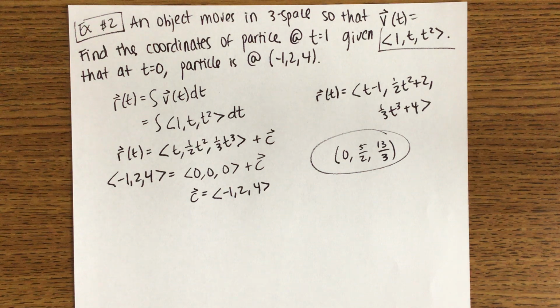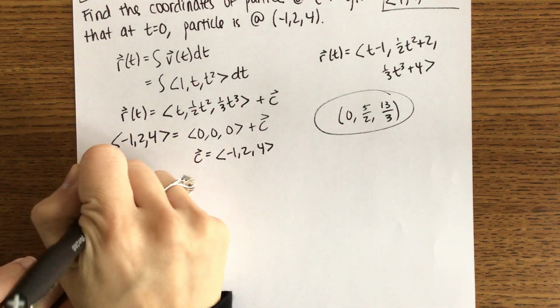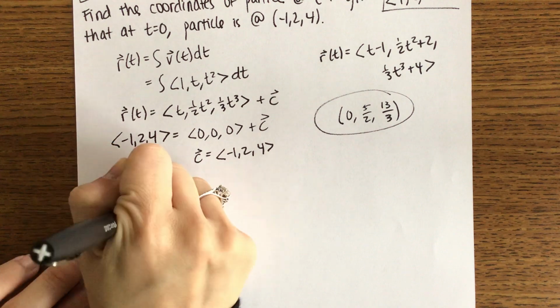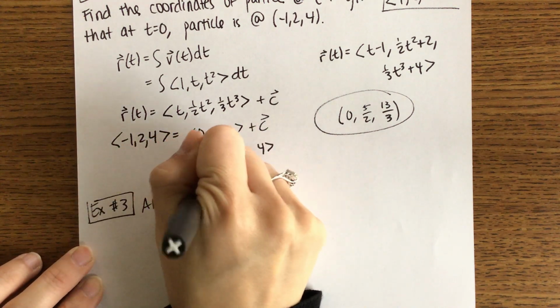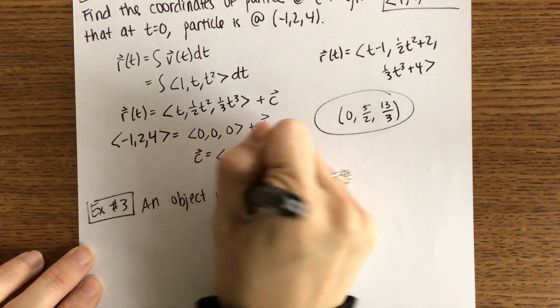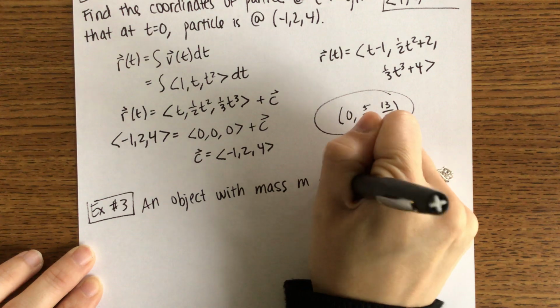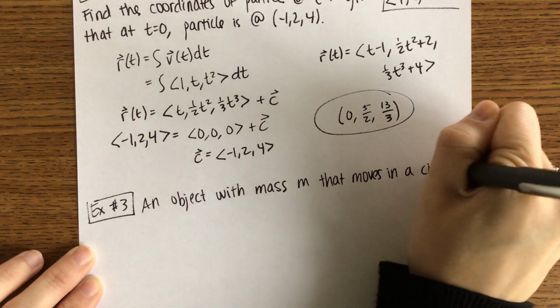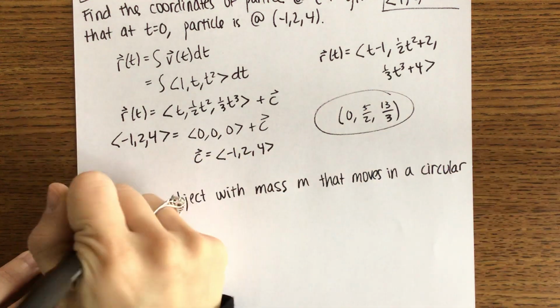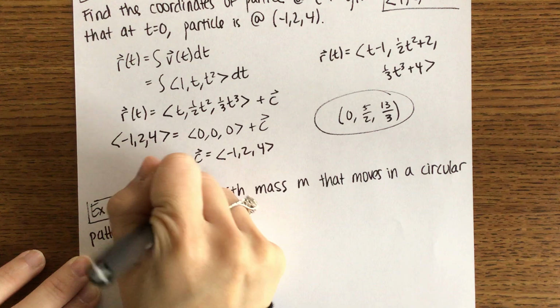We're going to do one more example of this type before we move on. Well, it's kind of this type. Okay, an object with mass m that moves in a circular pattern with constant angular speed.